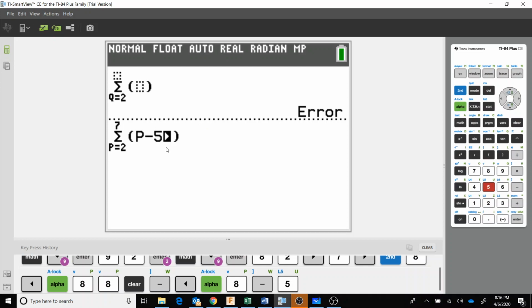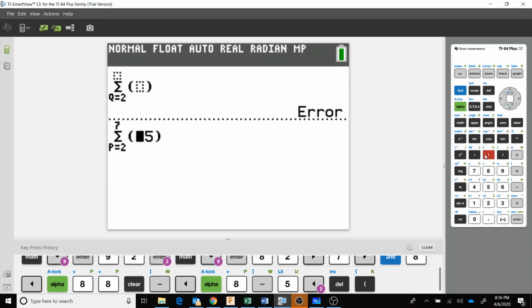And guys, the real danger when you're using your calculator, I found, is these brackets here, these parentheses. You really want to make sure your summation is all inside there. So suppose for a moment this was P minus 5 squared. Okay, you definitely want to make sure that you put some extra parentheses in here.